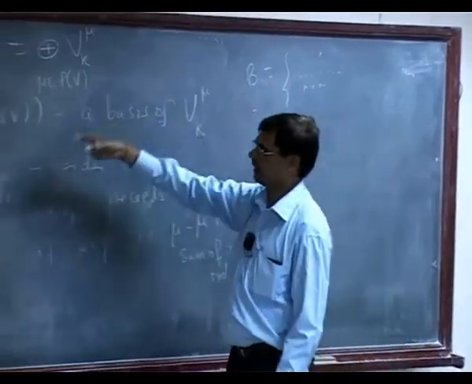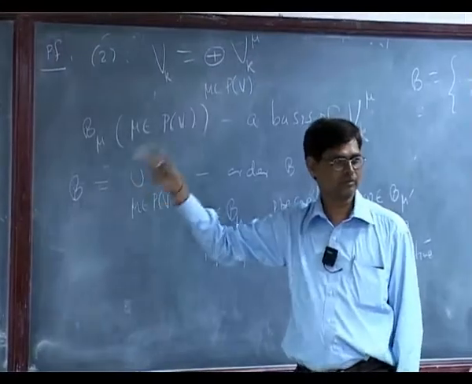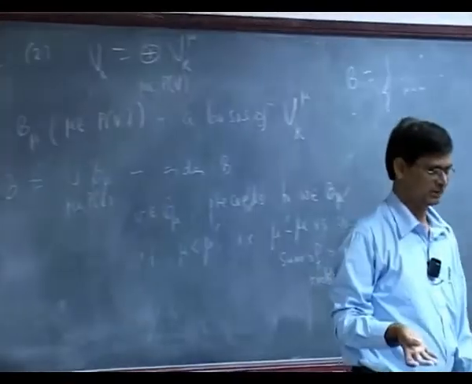Then, if you write down the elements of U with respect to this basis, it is a lower triangular matrix, right.